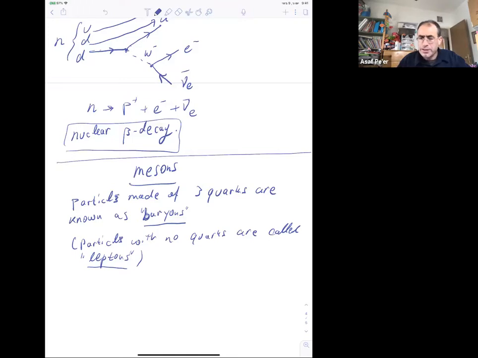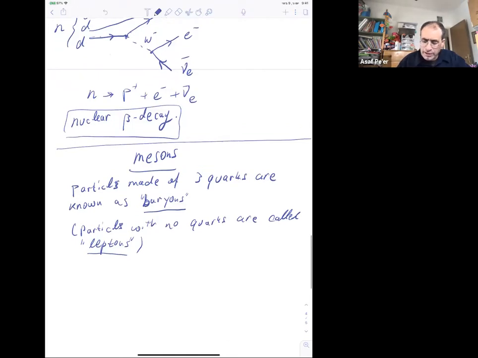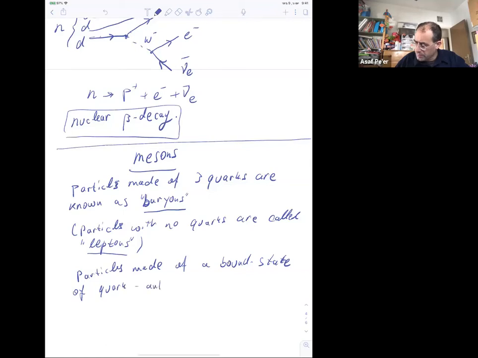So we have particles that are made of bound states of a quark and antiquark. Particles made of a bound state of a quark and antiquark are called mesons.